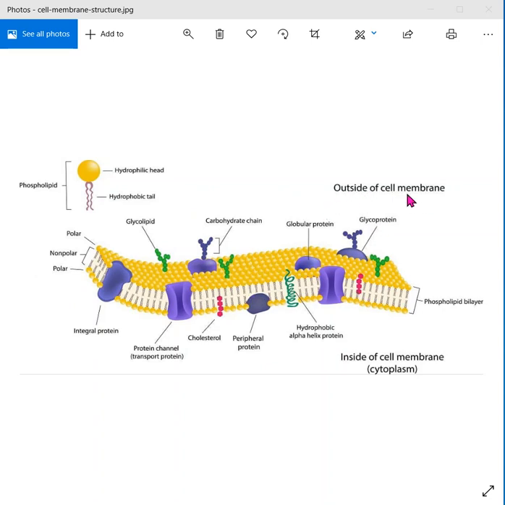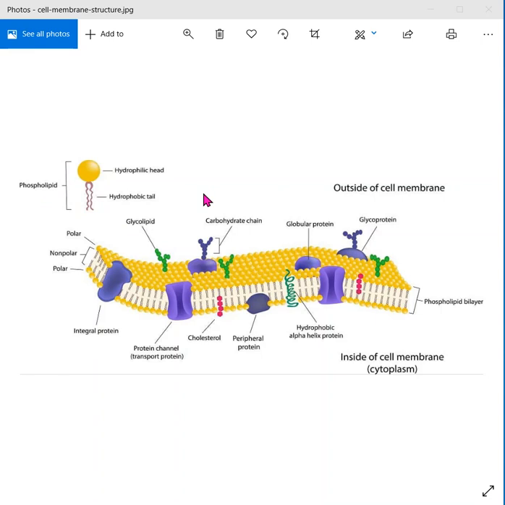This is the outside of the cell membrane. This is the inside of the cell membrane, which is the cytoplasm right here. And this is outside of the cell. The main component of the cell membrane is this tiny little structure, magnified right here, with a circle and two tails. And this molecule is called phospholipid.